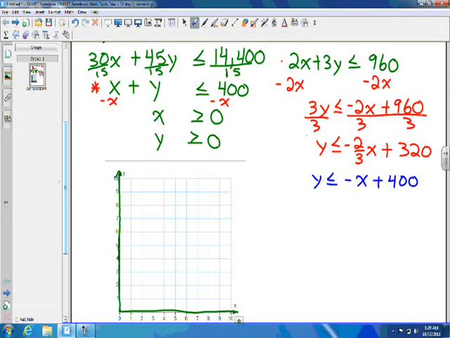So these two right here are the ones you need to type in your calculator. Go ahead and do that now. Remember, again, to use your negative key, not a minus key.